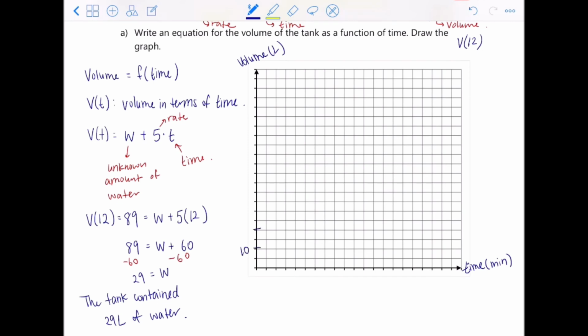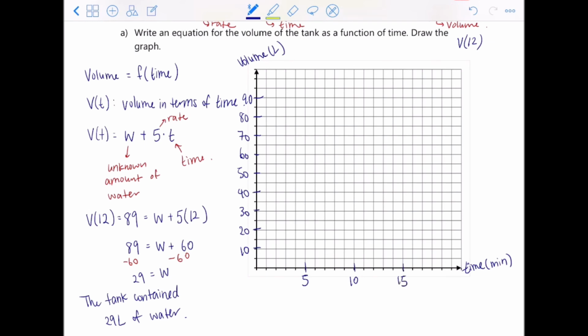So every increment is 5, and so I go up by 5, 40, 50, and 60, and so on. I think I do have to go up to 90 at least. Let's do that. Yeah. And then we will set time every 5 minutes here. So each increment is 1 minute.